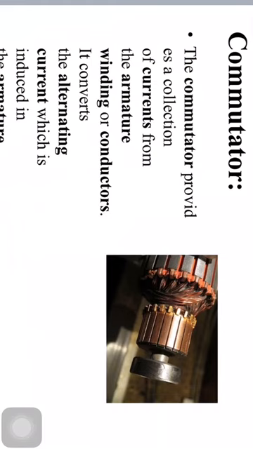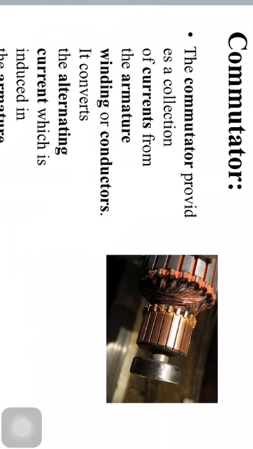The commutator consists of generally a set of copper segments which are insulated from each other. The number of segments is equal to the number of armature coils, that is, each segment is connected to an armature coil, and the commutator is keyed to the shaft.